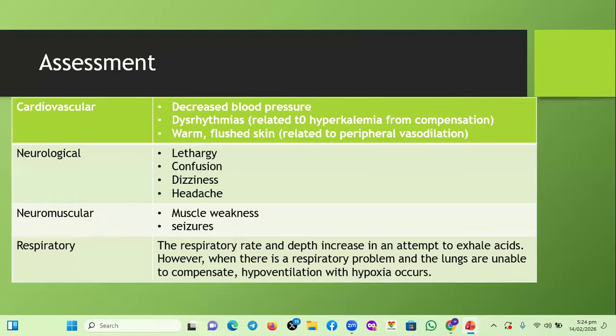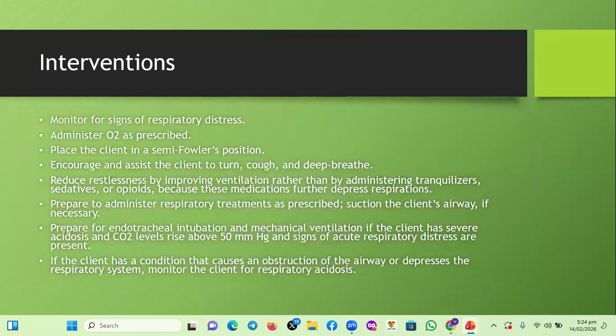The same thing if someone is retaining more carbon dioxide, the respiratory system will try to compensate by working extra hard to bring out the excess carbon dioxide. But when it fails, then there's going to be hypoventilation at the end of the day. And so these are what we expect to see in someone who is experiencing respiratory acidosis in terms of assessment.